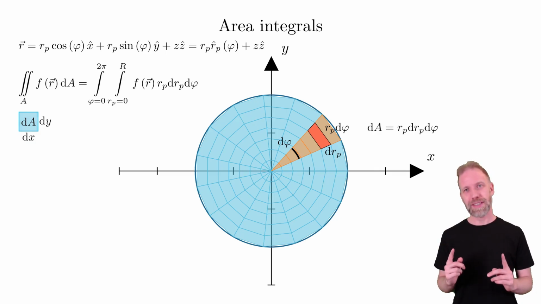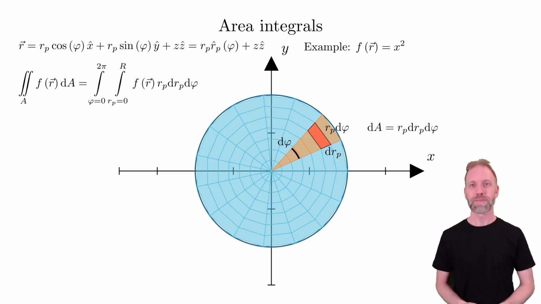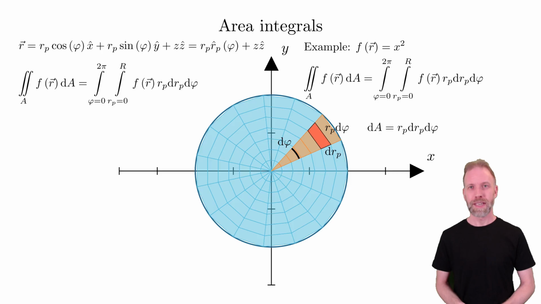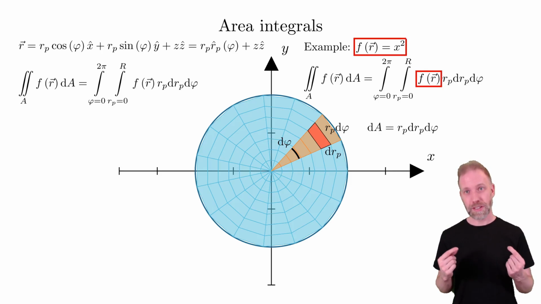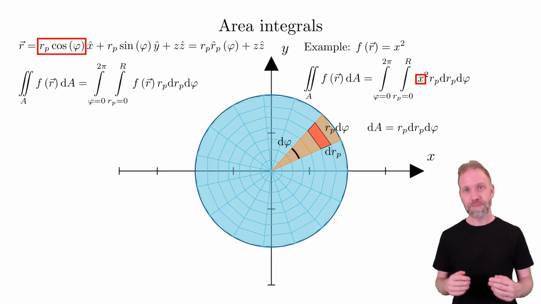Let us demonstrate this with an example. Let f of r be x squared. Insert f of r into the integral. Rewrite x in polar coordinates.